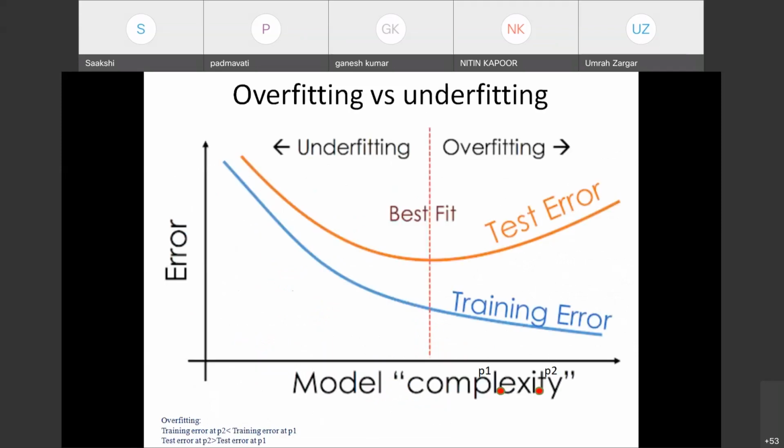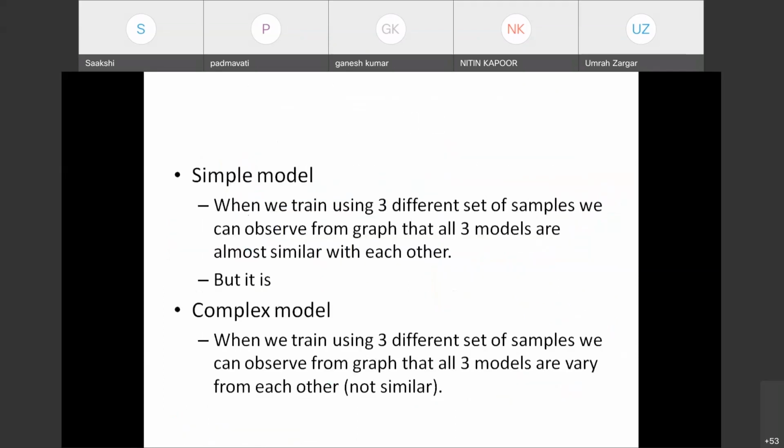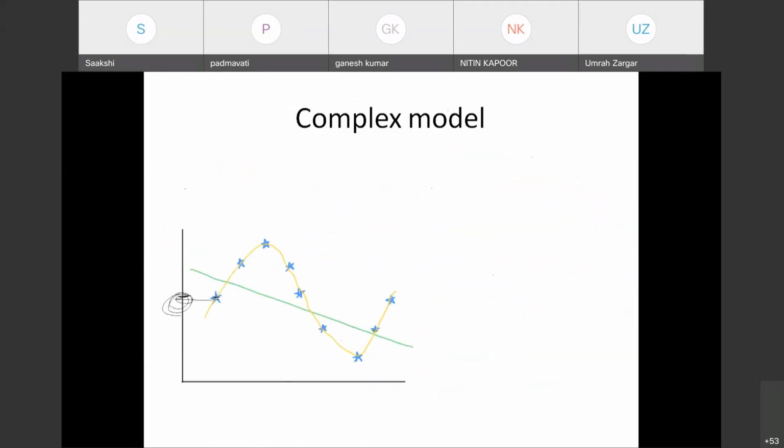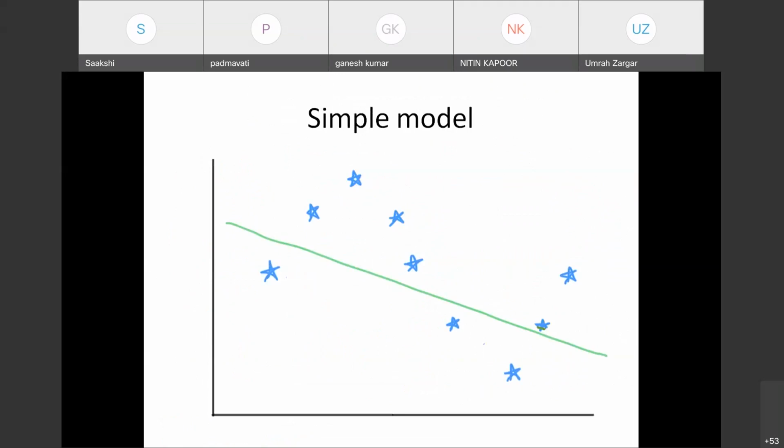So that is why we need to choose the model. Model complexity is very important. If you choose low variance, that is low complexity, a simple model, we have seen with a simple model only a simple line for a given set of data points. I'm considering the simplest model for a given data set.